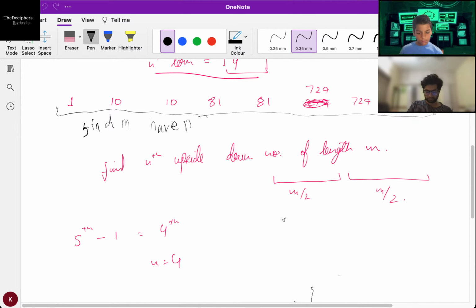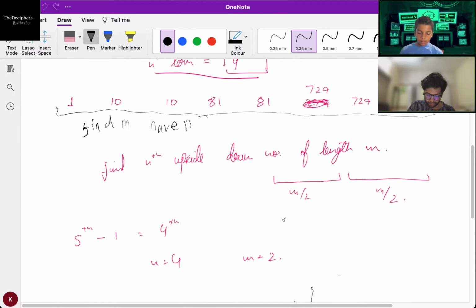I think we could do it by just keep generating them until we reach. So generate the first one, then second, then third, then fourth. But that's very slow. Yeah.